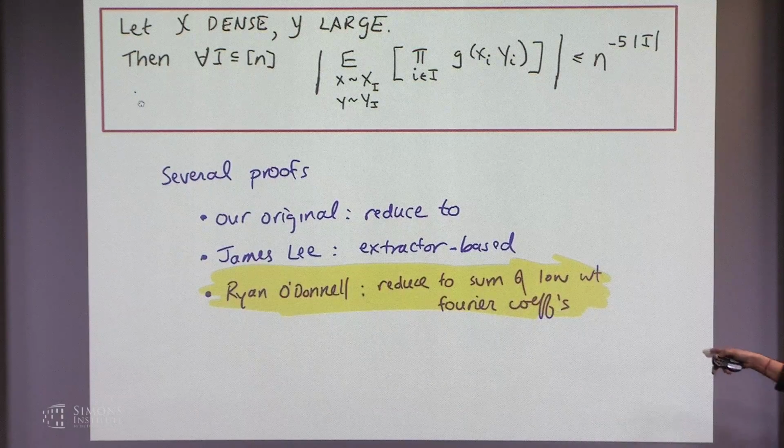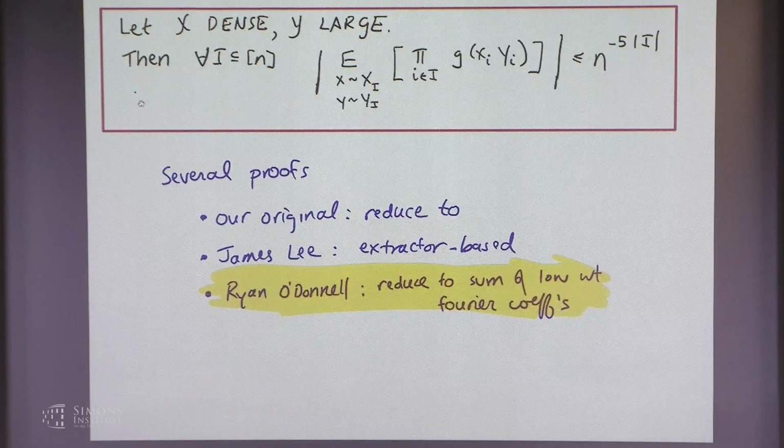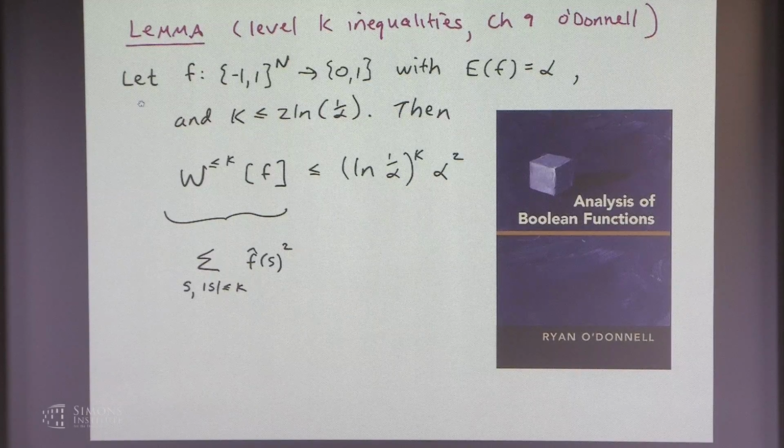Okay, so I'm going to say one word about not our proof, but a proof that Ryan came up with. I think it was independently realized by lots of people. There's this lemma in Ryan's book called the level K inequality lemma.